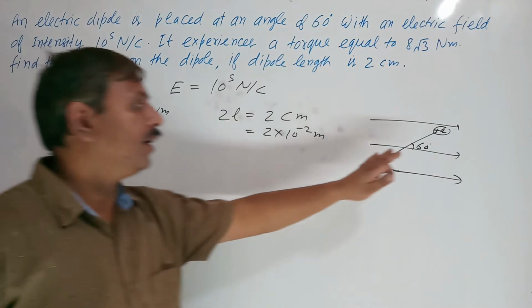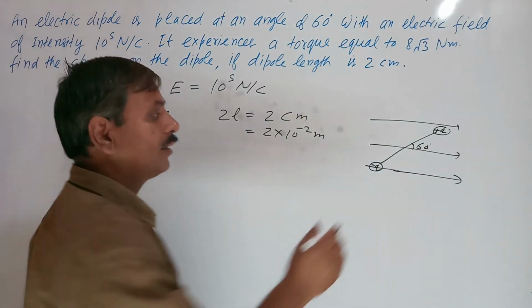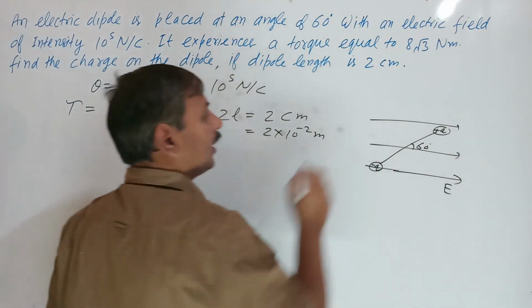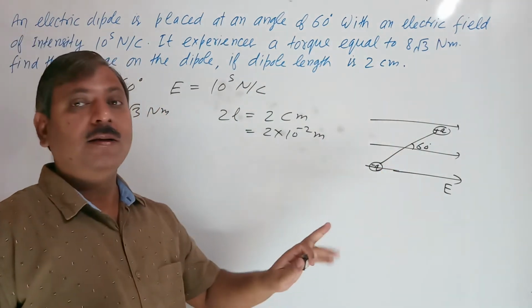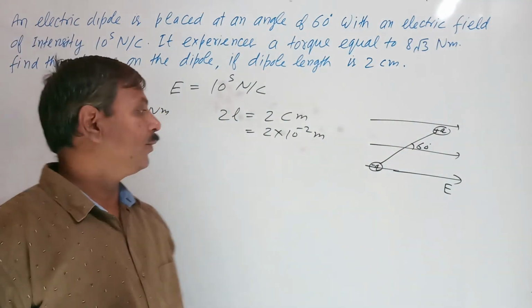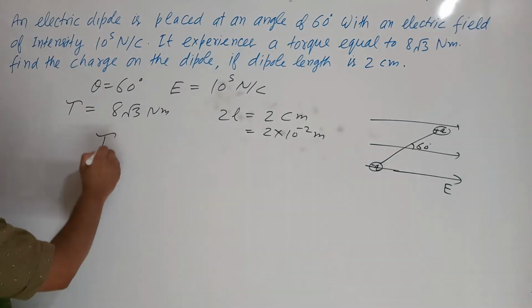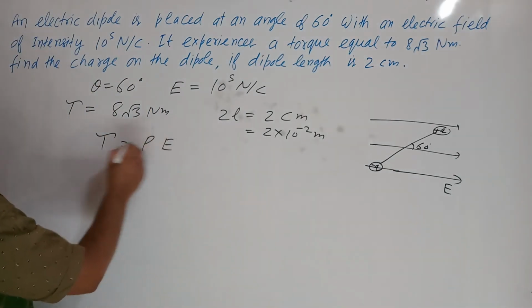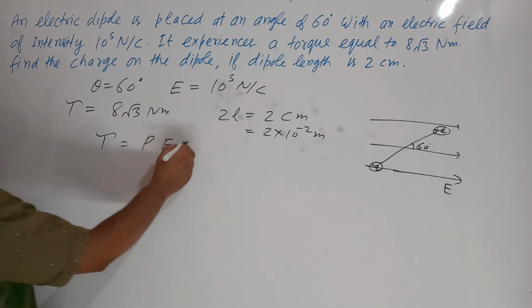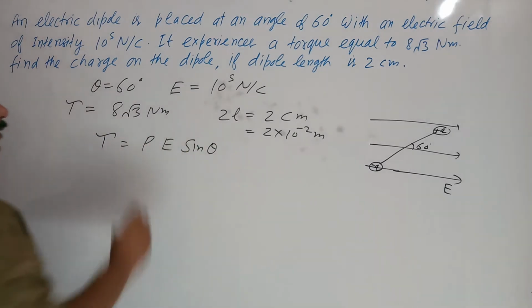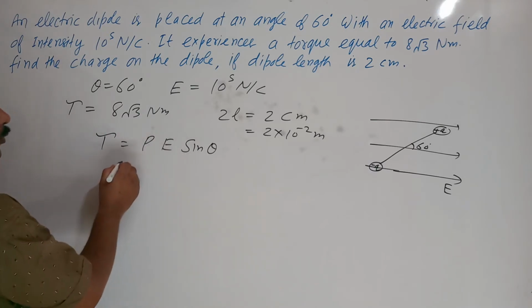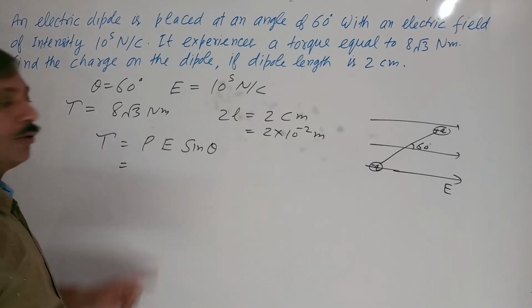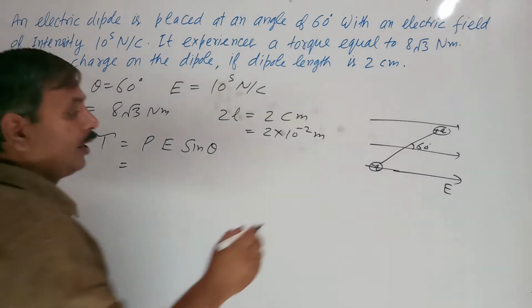See, when a dipole is kept inside an electric field, with angle theta made by the dipole moment and the electric field, what will be the torque? The magnitude of torque is P E sin theta. So from here, P is the dipole moment.